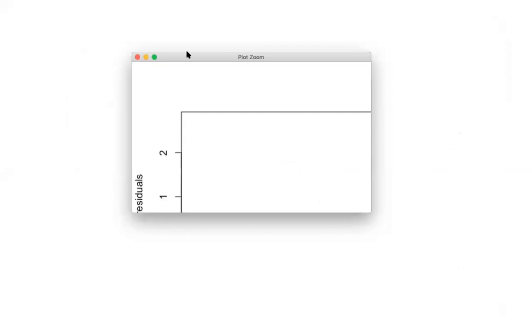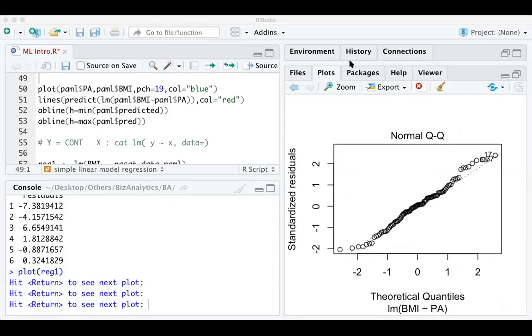I don't want to take the whole graph. I'll draw from here itself because things are not working. So what about this plot? It's about normality. Here we have to see the y-axis is standardized residual, and the x-axis is theoretical quantiles.